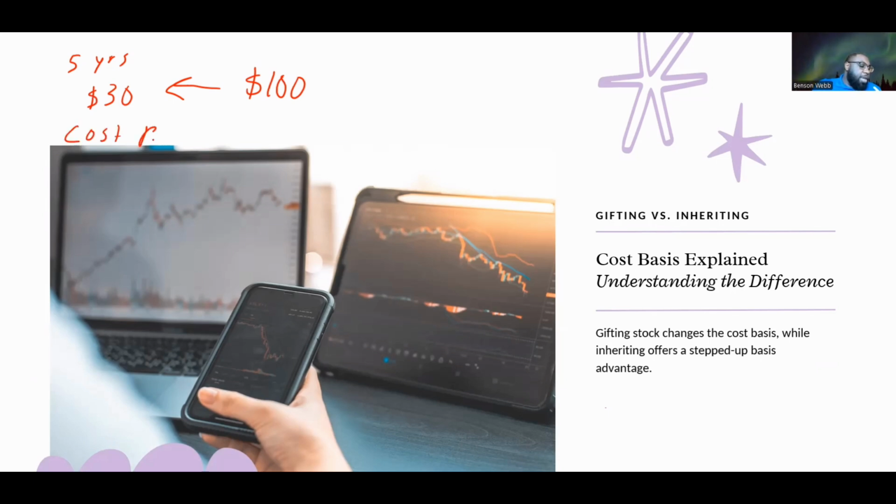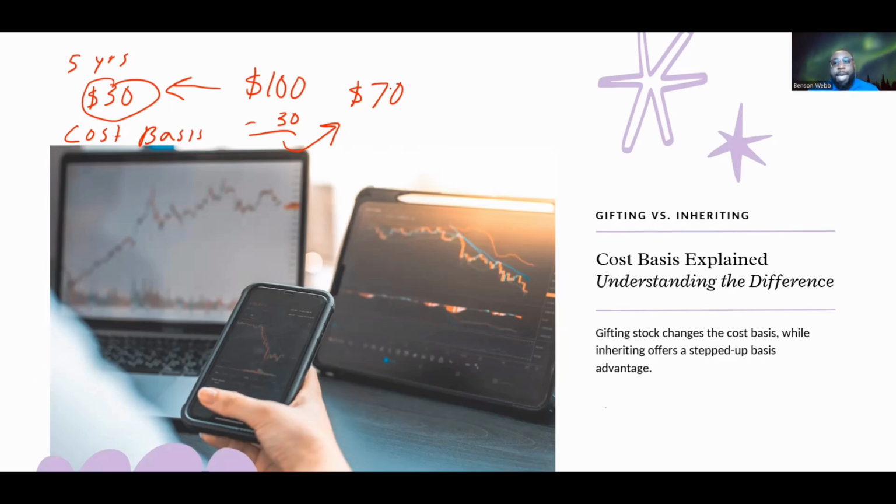If you give that gift, it appears as if the person you gave it to bought that stock at $30 a pop. So if they sell it at $100 after buying at $30, that's $70 profit, or capital gains, that they have to pay tax on.